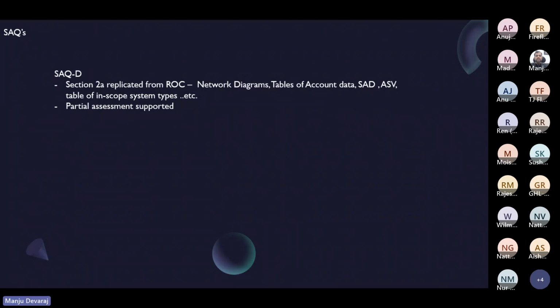There is a change in section 2A, replicated from the ROC. In 3.2.1 there was no need for diagrams and account-specific tables where you fill in account data, SAD, ASV, and all this. Now assessments are also supported.